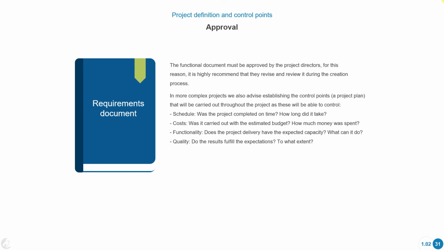What should we do in order to change this the next time? Do the results fulfill the company's expectations? To what extent? If we do this, even though maybe we have a few mistakes in our first project, or we didn't take into account certain things, maybe it took a little bit longer to implement, or it took a few more resources, we can learn from our mistakes and improve the next time we implement a new project.